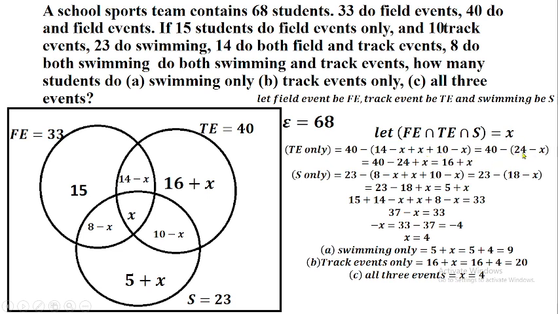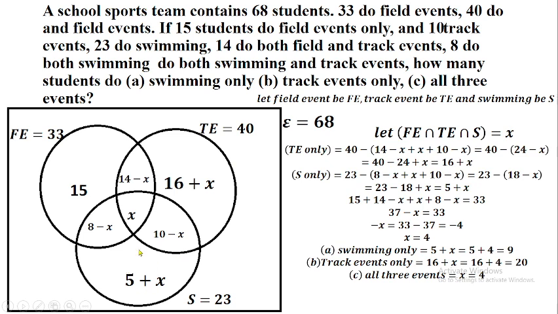That means you have in bracket 24 minus x. If you open the bracket with the minus, you have 40 minus 24, then minus times minus will give us plus, so we have plus x. So that will give us 40 minus 24 gives 16 plus x. So you're having 16 plus x here.